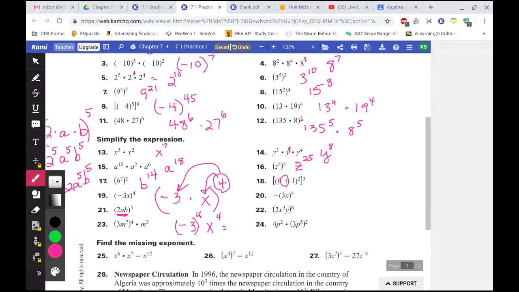If you plug negative 3 raised to the fourth power in your calculator and you literally type parenthesis, negative 3, close parentheses, caret 4, you would get 81. So the answer is 81x to the fourth.